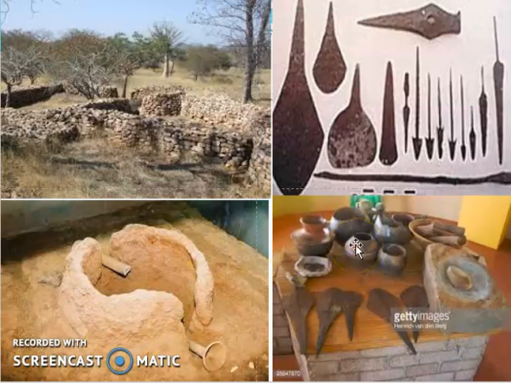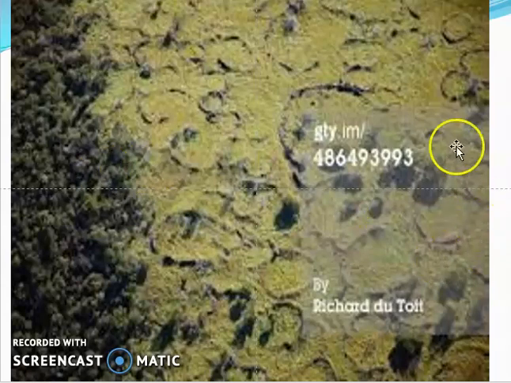Depending on what you were going to do with it and how much effort you put into it: if it was just a bowl that you use every day to eat your mealie-pap with, then it is not going to be the best quality. If it falls and breaks, it doesn't matter, you make another one. But some of them were ceremonial, some of them were for beer. Those were very important and very well made. So that's some of the implements that they used at the time.